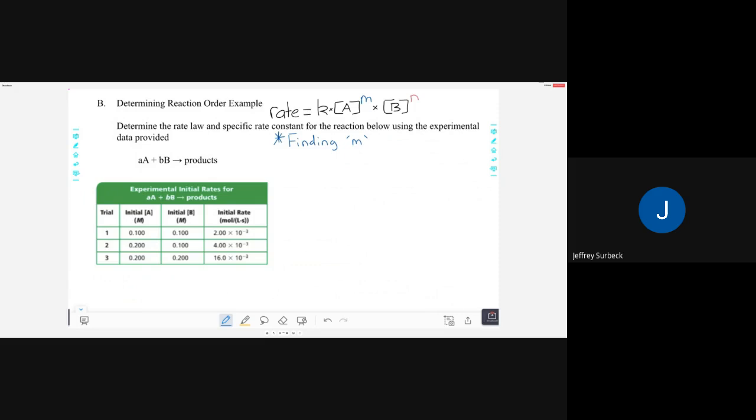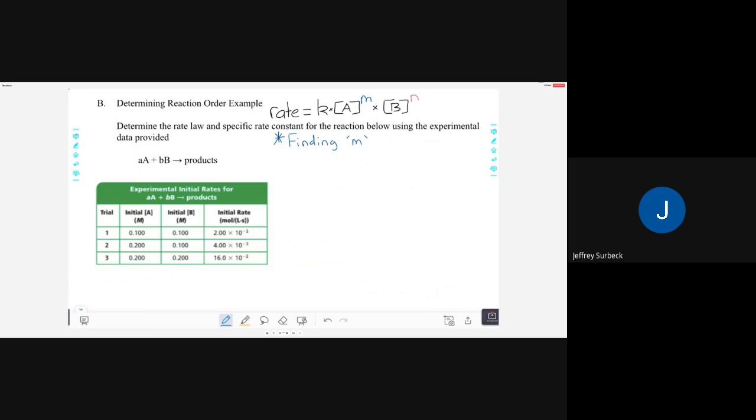So we're going to have to look at two experiments. So I ask you this, we'll start backwards. In what two experiments is B the same exact concentration? 1 and 2. Okay, 1 and 2. Everyone see how the concentration of B in experiments 1 and 2 remains exactly at 0.1.